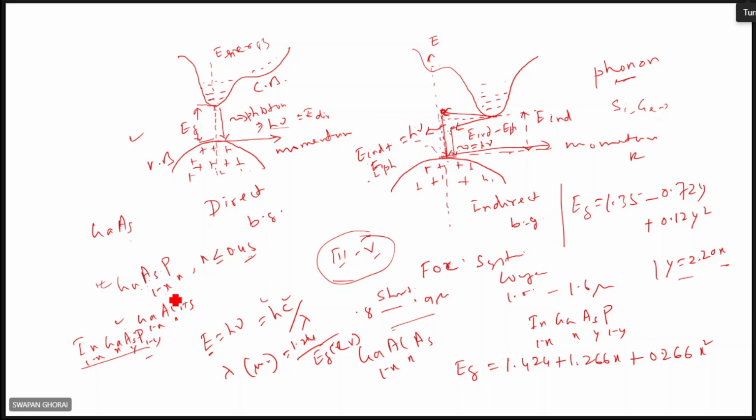And you see here, what will be the emission wavelength for such cases? It can be calculated as E equals h nu, hc by lambda, where lambda is the emission wavelength.